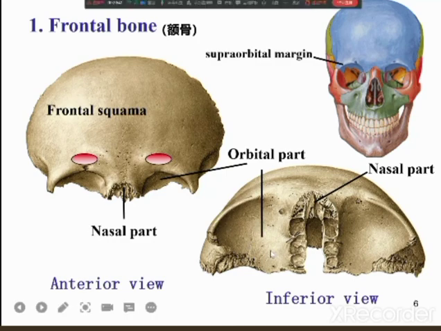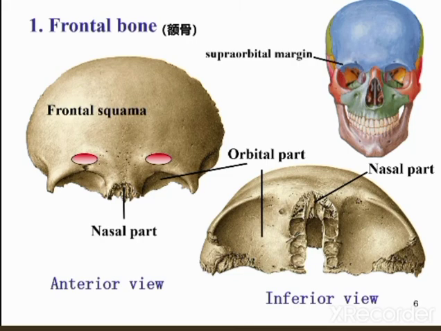And then you can see the orbital part. The orbital part, from this whole view of the skull, you can see here, forms the supraorbital margin. The frontal bone's structure is easy for you.